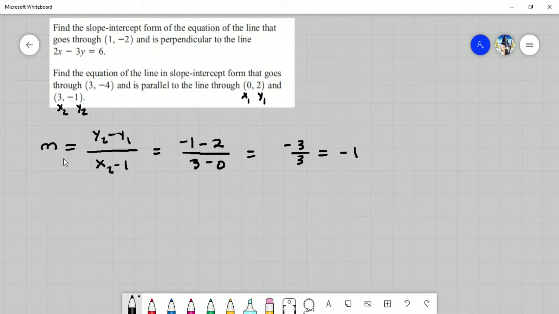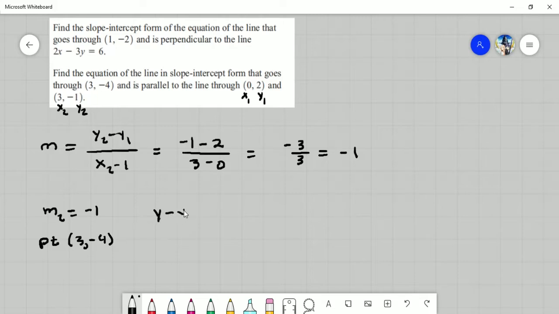Now that I have the slope of the line we're trying to find, -1, and the point it goes through, (3, -4), I use the point slope formula to put it in slope intercept form.